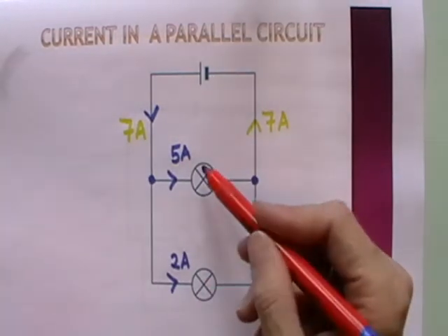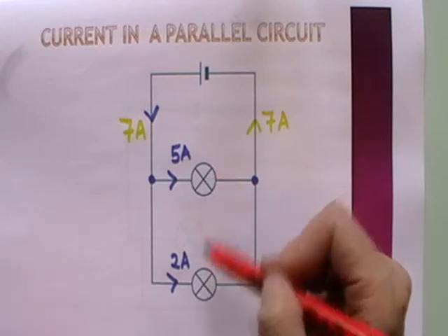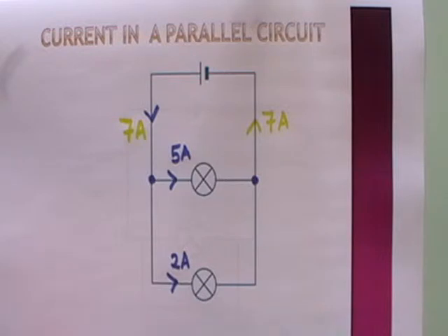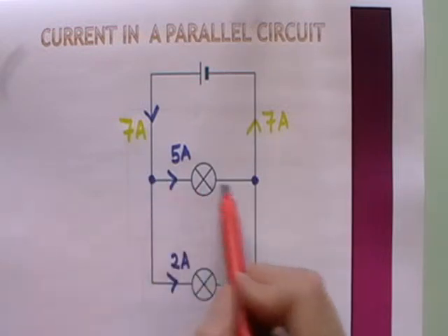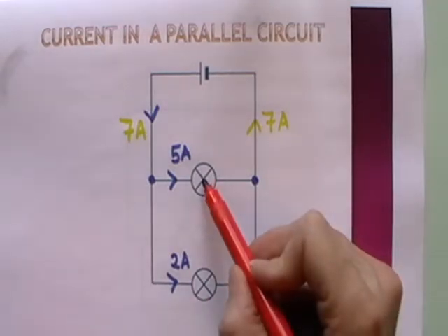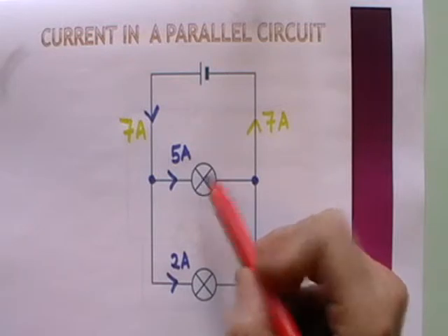The reason that the current would split unevenly would be if those two bulbs had different resistance. Now, you have to think about the fact that resistance limits the flow of current. So you can see there's far more current in the top one than the bottom one, and that means that the top one has much less resistance.